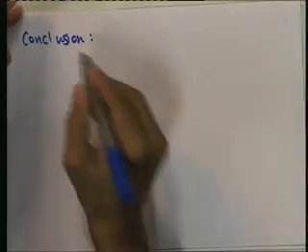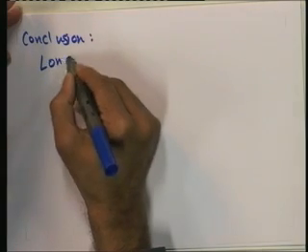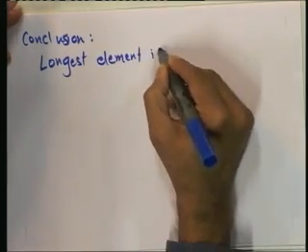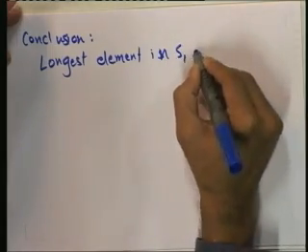So, what was our original claim? That R2P is an LCS of A2M and Bk plus 1 to N. So, what is the conclusion from this? The conclusion is that we now know how to search S1. The longest element in S1 can be found as follows.